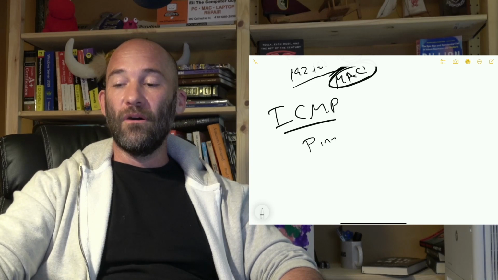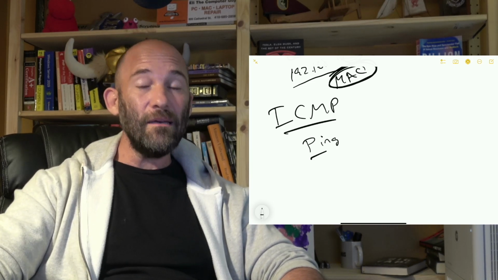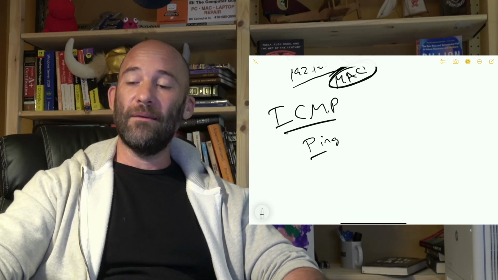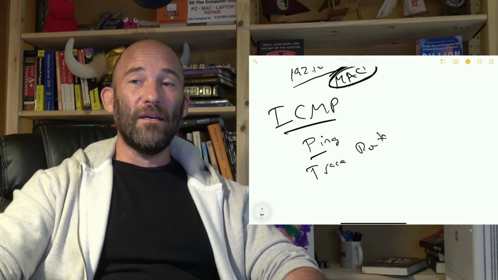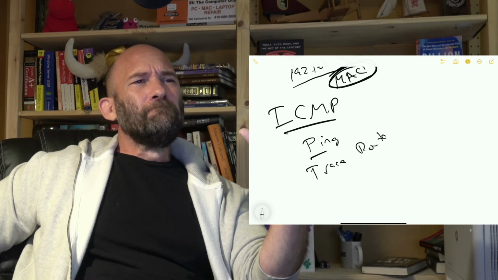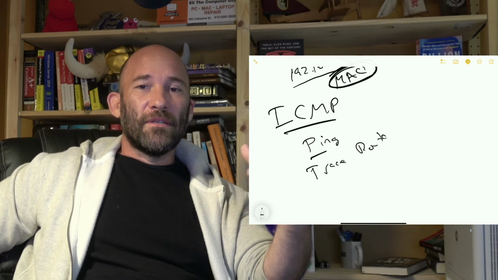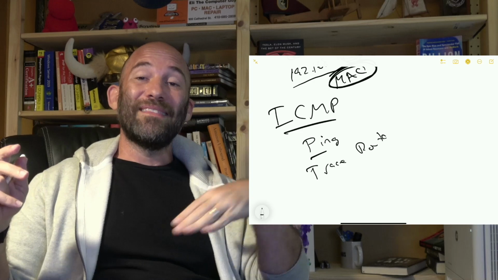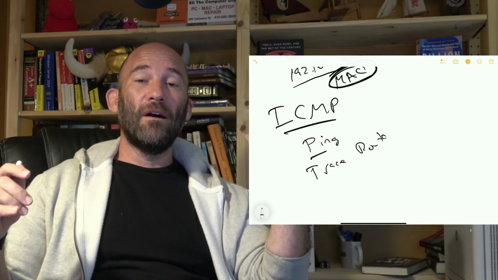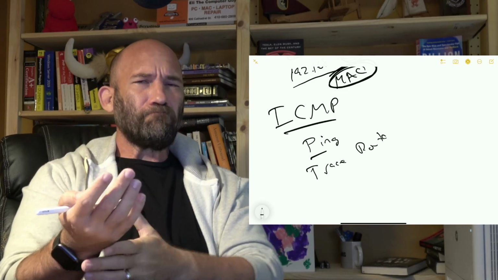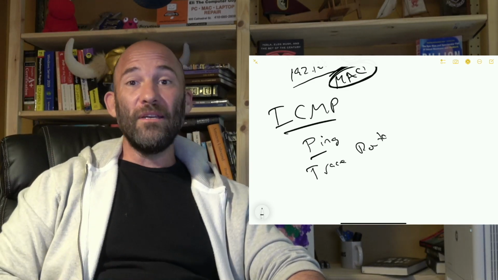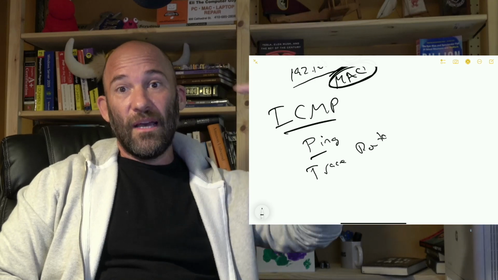Normally, with this protocol, you use the tool ping, which is a tool for ICMP, or something called traceroute. So what ping does is, let's say I just want to see if a computer is on the network. Again, when we think about the 7 layers of the OSI model, I might not be getting a response from a server for any number of reasons on the different layers of the OSI model.